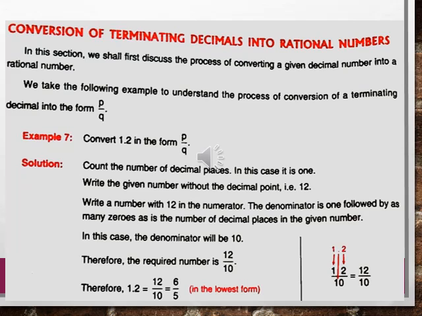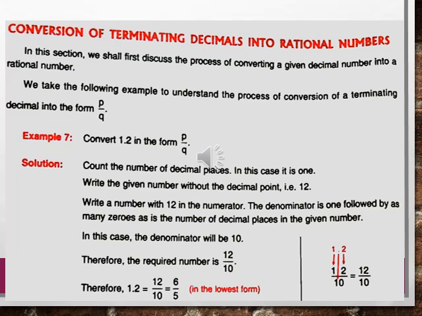Now write the number with 12 in the numerator, and the denominator is 1 followed by as many 0s as the number of decimal places in the given number. Just now we have seen the decimal place is 1. So we remove the decimal point from the number, that is 12.